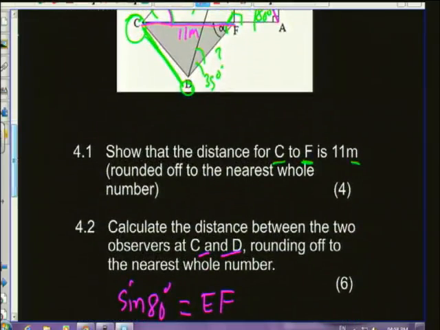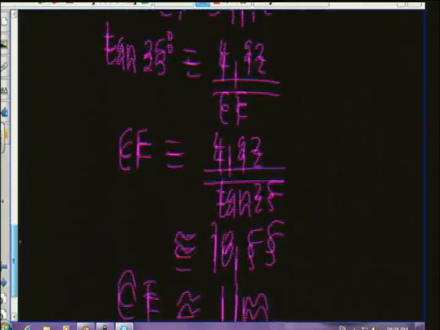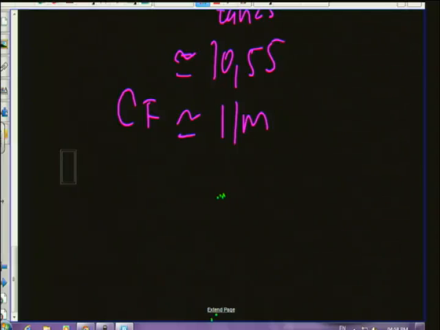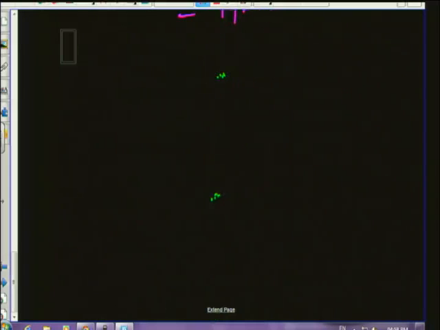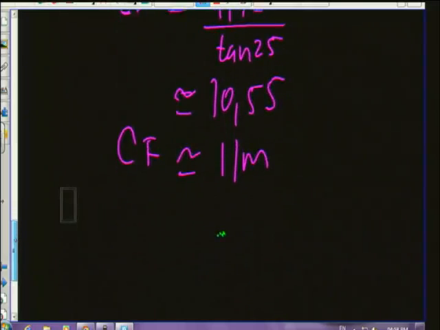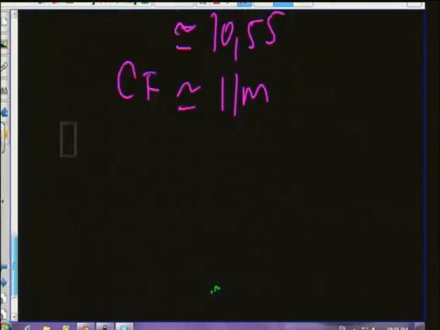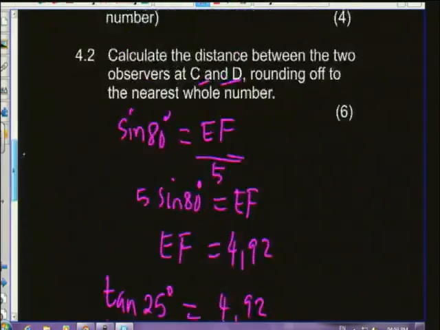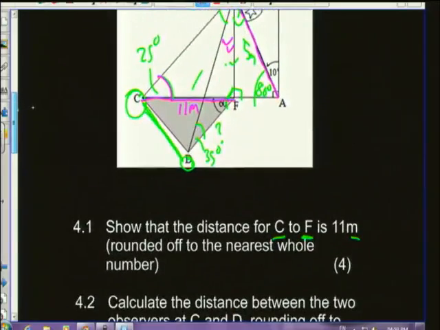So what we can do is to now say, okay, let's quickly erase that. Now, guys, we need to work out DF.